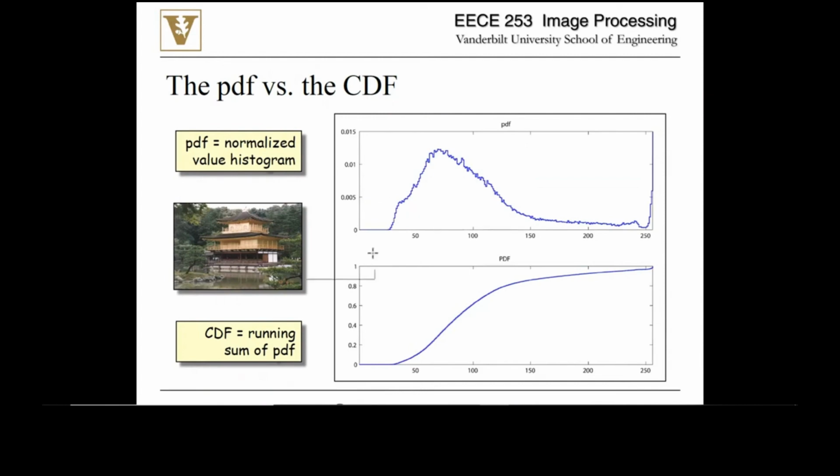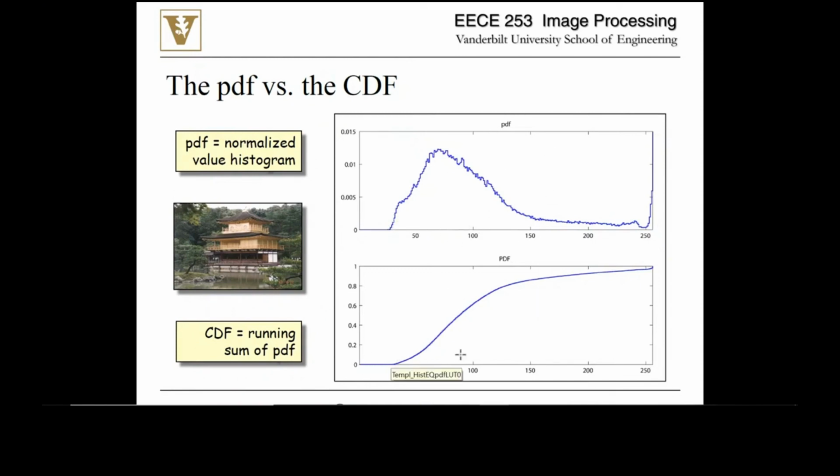So here is a reminder of what these things are. Let's say that you have this image, then you compute, for instance, the value histogram. So you compute the value image, which you know is 1/3 times the red channel plus 1/3 the green channel, and so on. So you compute the histogram of the values.